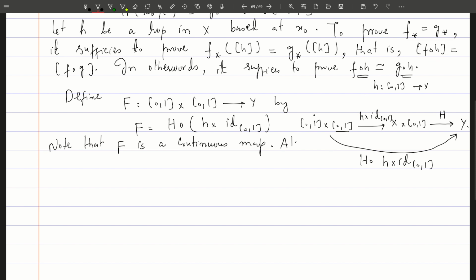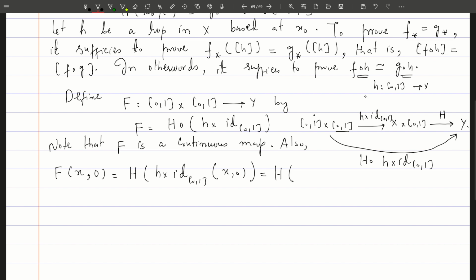Also, if we look at the function F of (x, 0), it is H of (h times identity of [0,1]) of the point (x, 0).